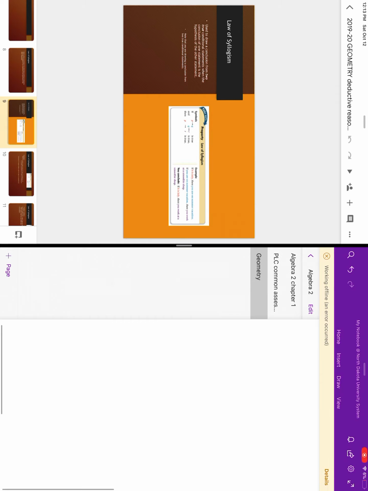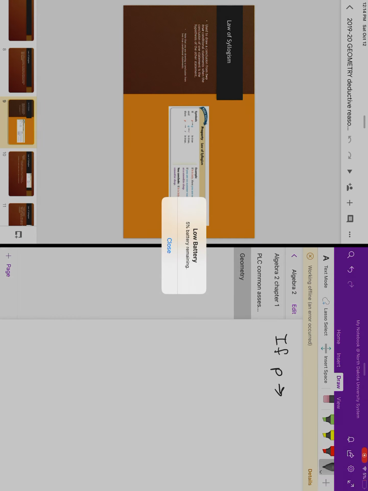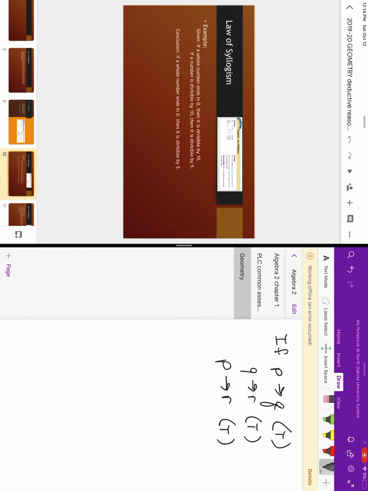Notice that if P then Q is true, and Q then R is true, then P then R is true. We can make that conclusion.